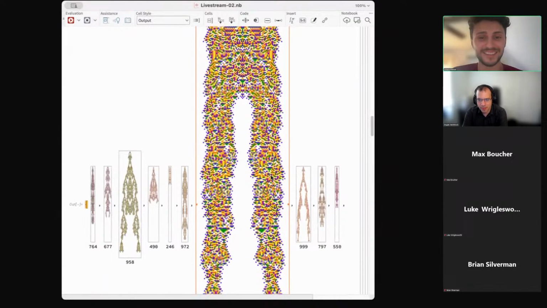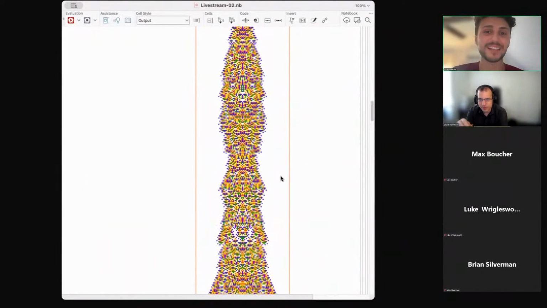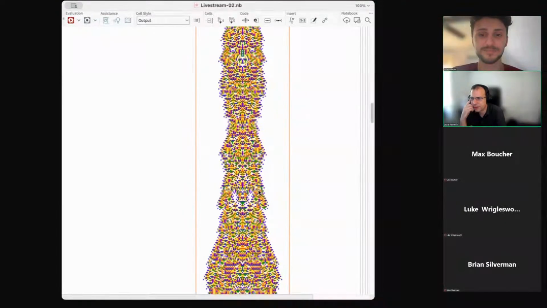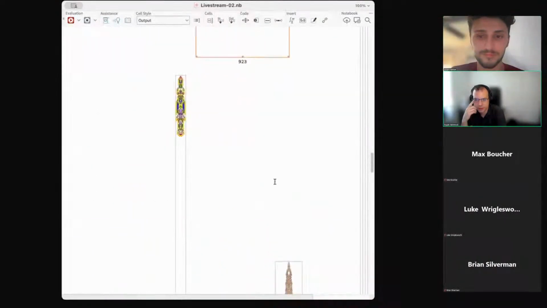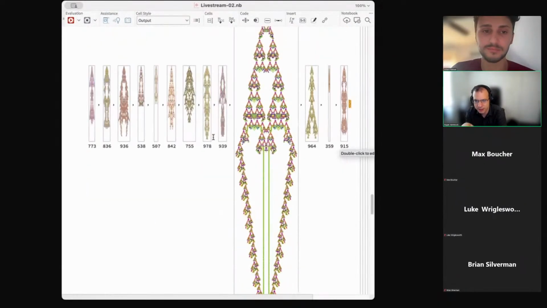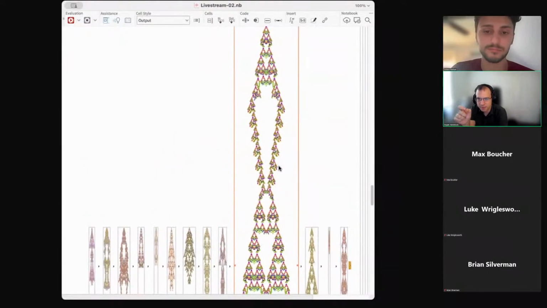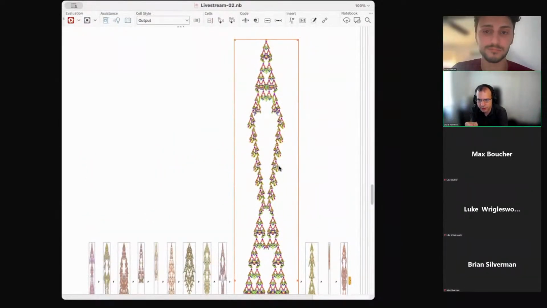There's also one on the bottom row that had very interesting features. This one, yeah. That triangle thing up top starts replicating itself. You see that motif happening a lot. It's very interesting.